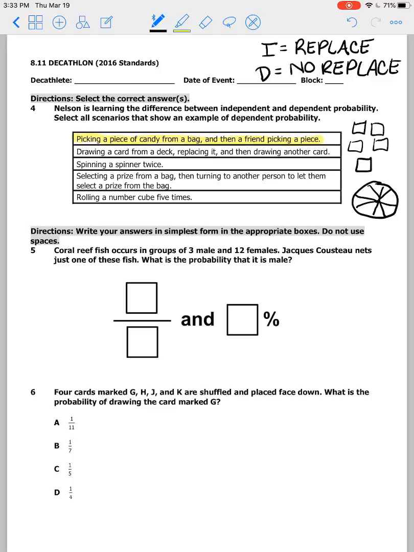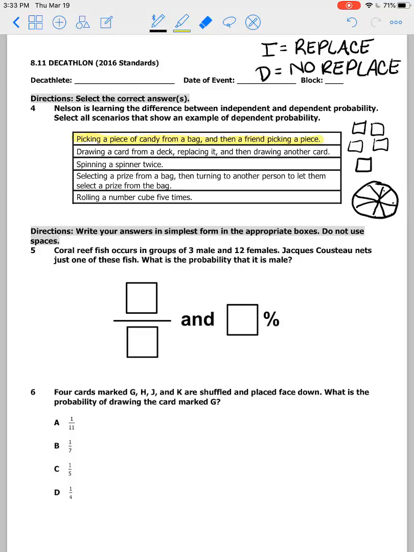We can't not use any of the spaces anymore. So when we spin it again, the number of outcomes is still the same. So on this spinner here, there's 1, 2, 3, 4, 5, 6, 7, 8 possible outcomes. But no matter how many times I spin the spinner, it's going to be the same number of outcomes. So that is an independent event.